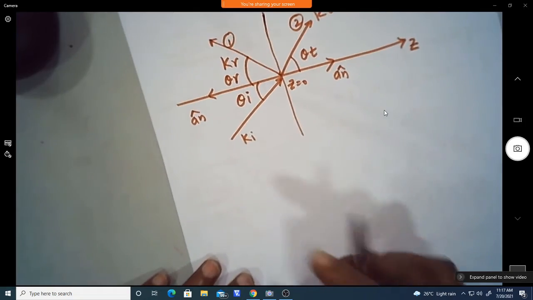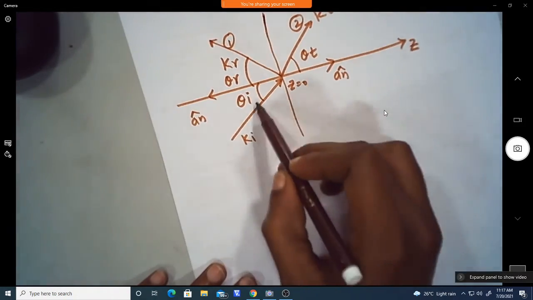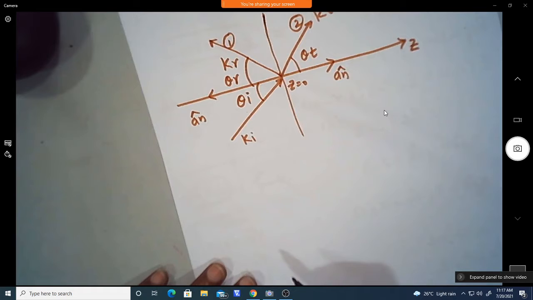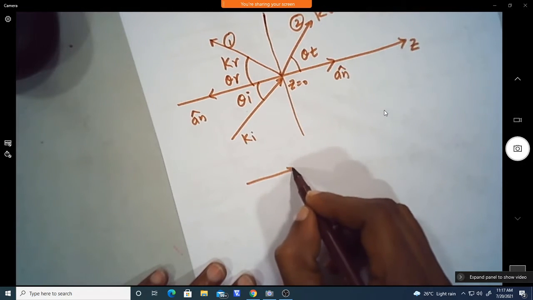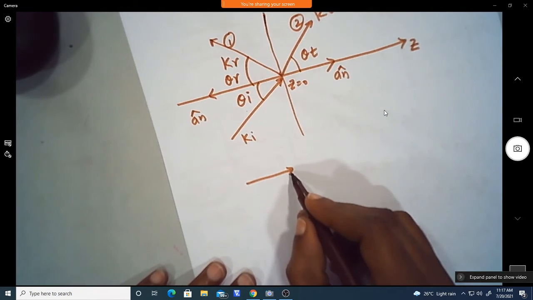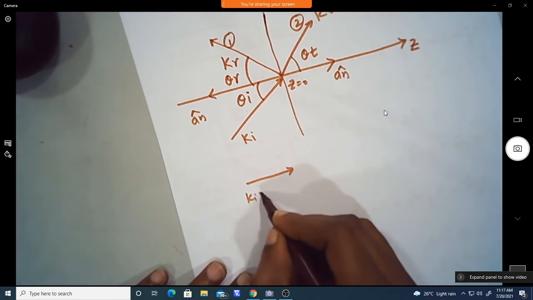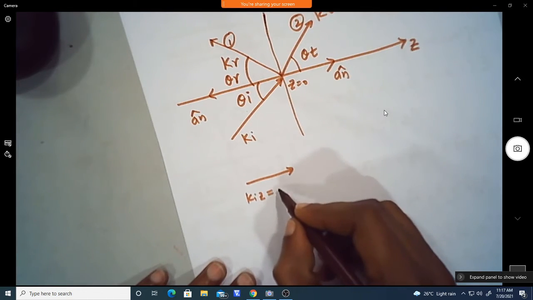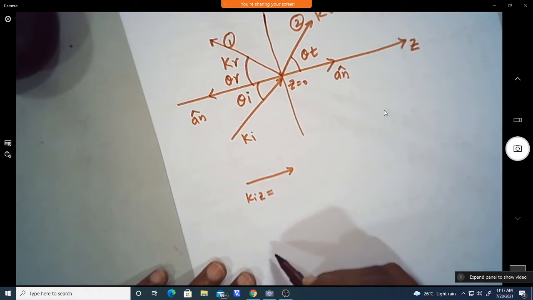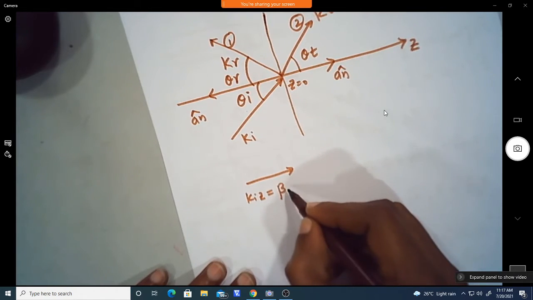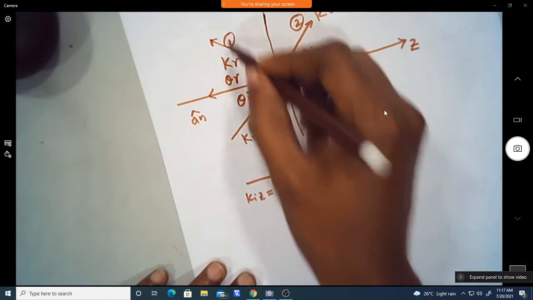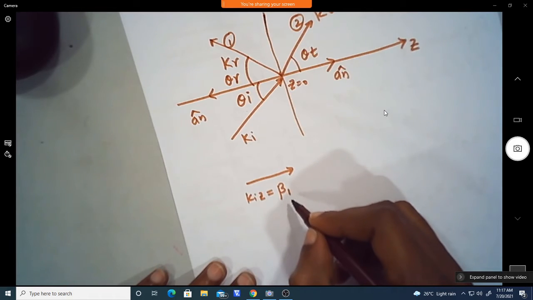Now if I take the tangential and normal components of the propagation vector, we can represent them like this. In the direction of z, that is kiz, for the incident wave. Since this is lossless media, k is expressed in terms of beta. Since we are in medium 1, we express this as beta 1.